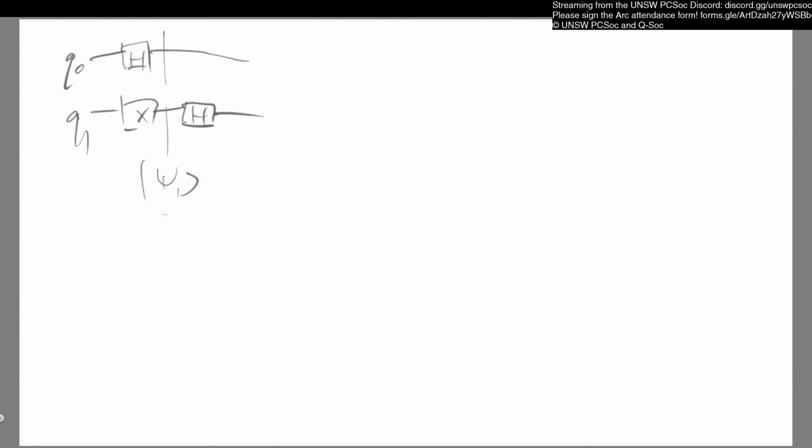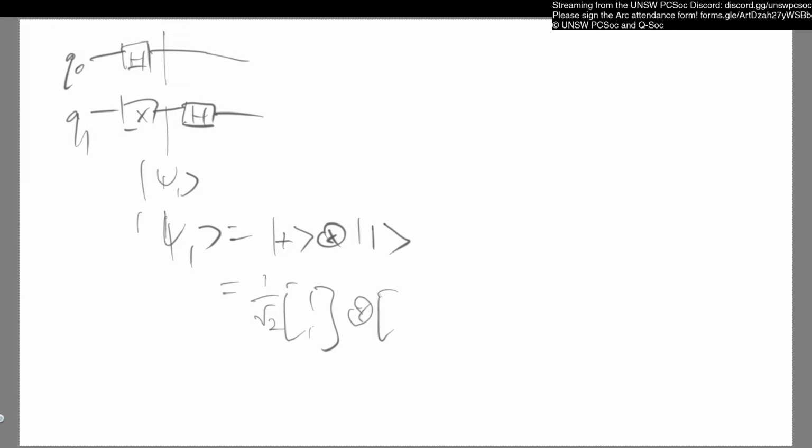So we've arrived at this point where, hang on, let me just retrace my steps. Equals plus tensor with 1. That's equal to 1 on root 2, 1, 1 times 0, 1, which equals 1 on root 2, 0, 1, 0, 1.